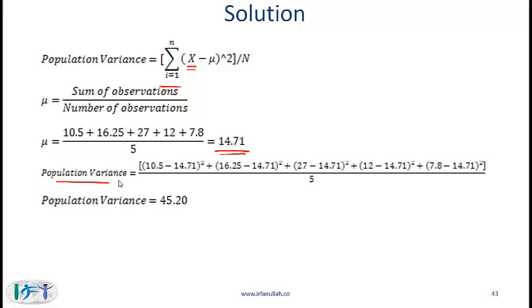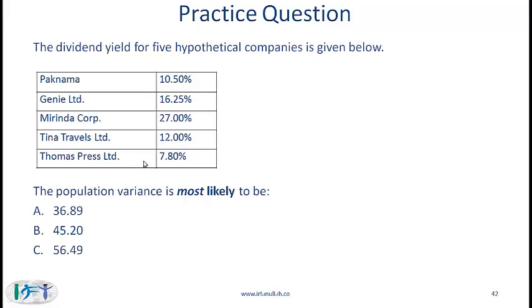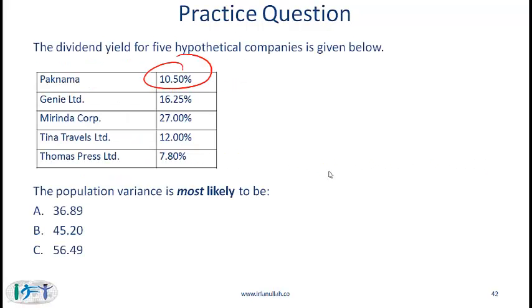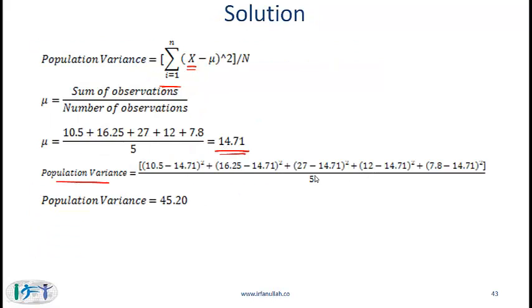So notice here, 10.5 is our first value, which is this one, minus 14.71, which is the mean, and then we square that, and we do the same for all the other values, these numbers, and then we add up those numbers and divide by 5 because we have 5 observations, and we then come up with the population variance.